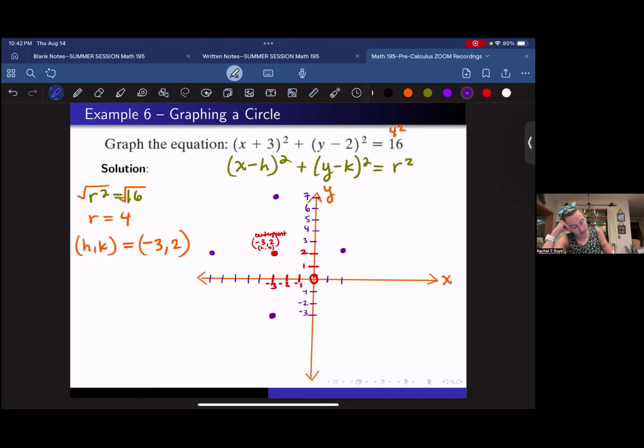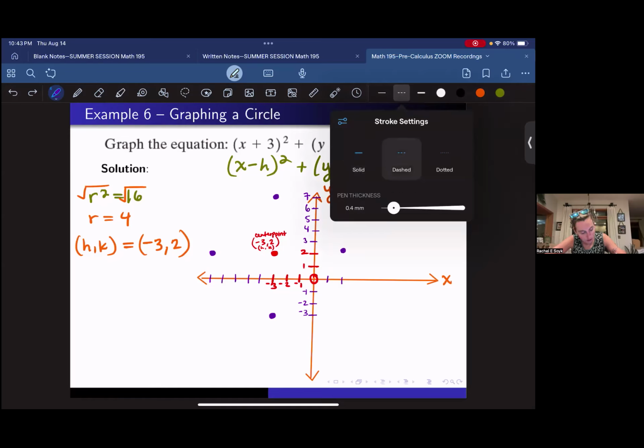Right. And then this is the fun part. We're just gonna create a dashed circle line, which is much easier when you have a pencil because it doesn't work well on the iPad. But on the iPad, what I actually like to do is I will just draw the circle as a dashed circle.